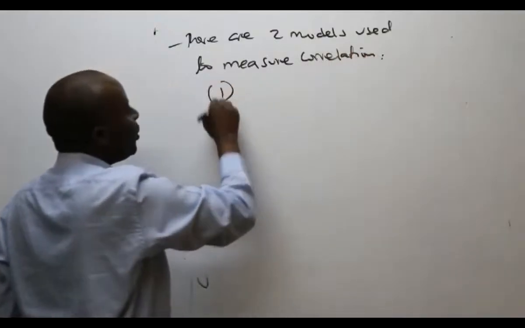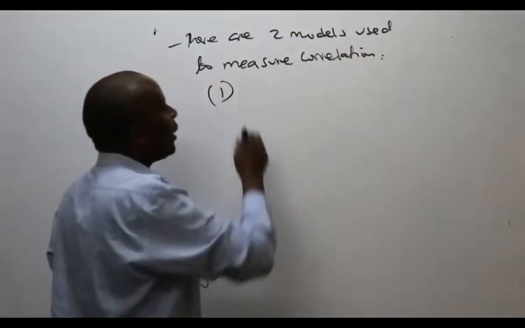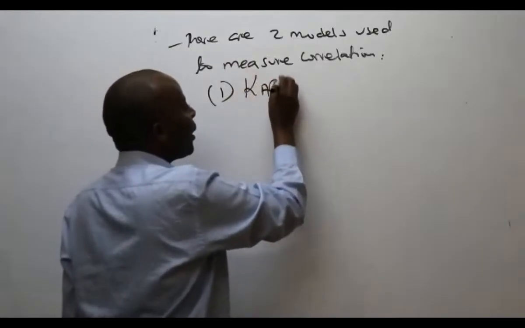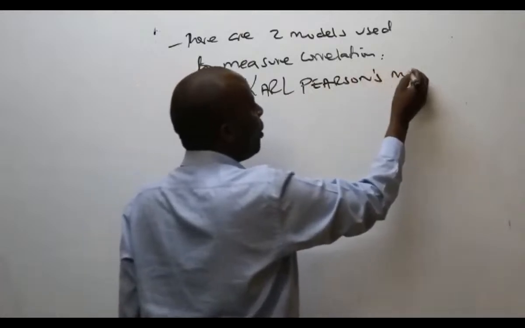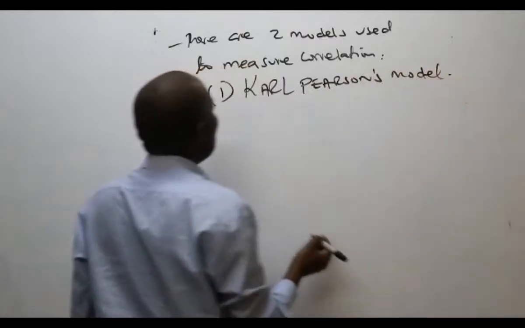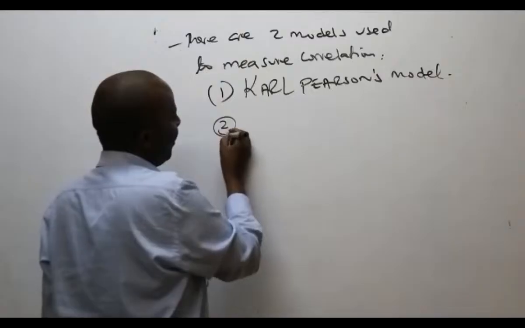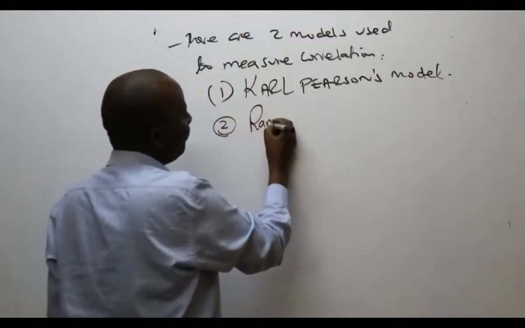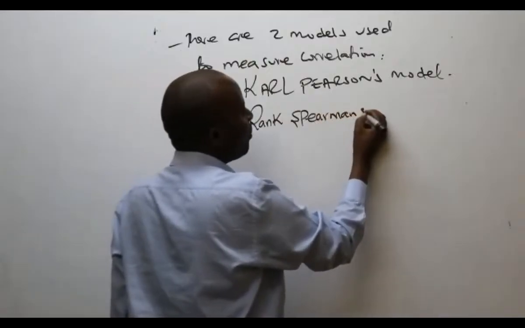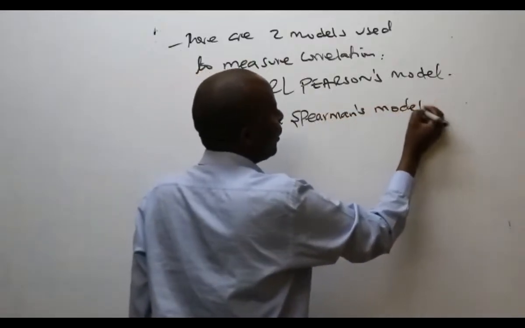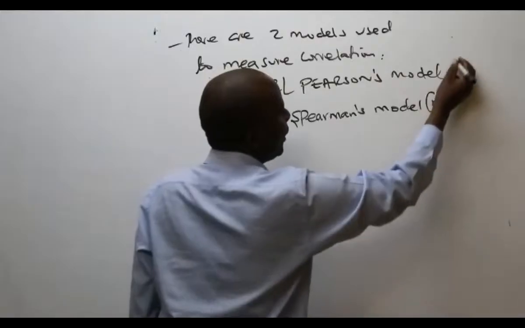Number one, ladies and gentlemen, we have what we call the Karl Pearson's model. And then number two, we have the Rank-Spearman's model. Both of them are denoted with R.